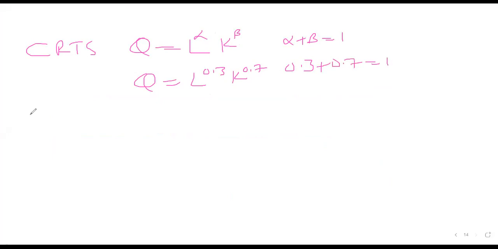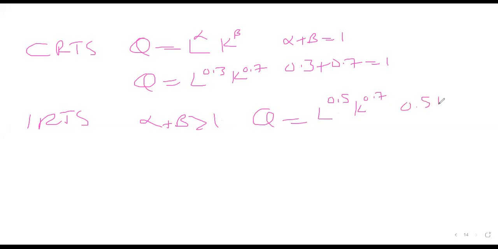Constant returns to scale. Increasing returns to scale, our alpha plus beta is greater than 1. For instance, if here we have 0.5 and here we have 0.7. When we add these 2, 0.5 plus 0.7, we get 1.2.